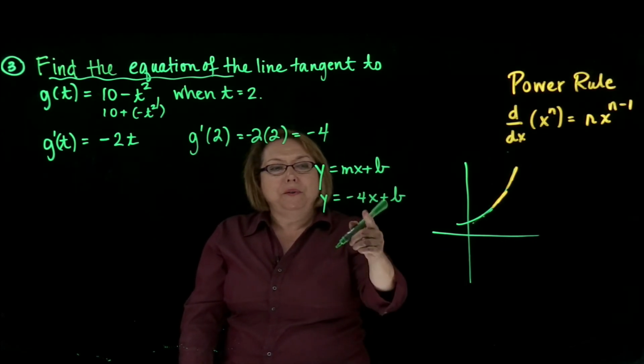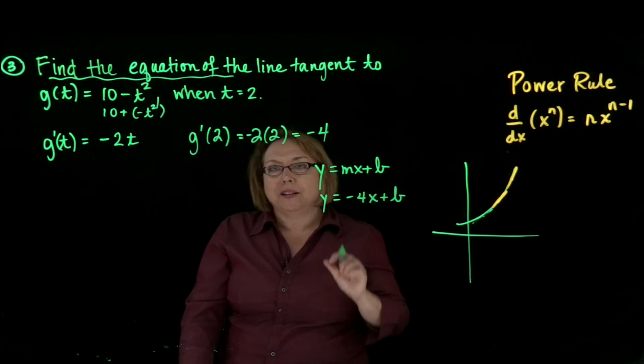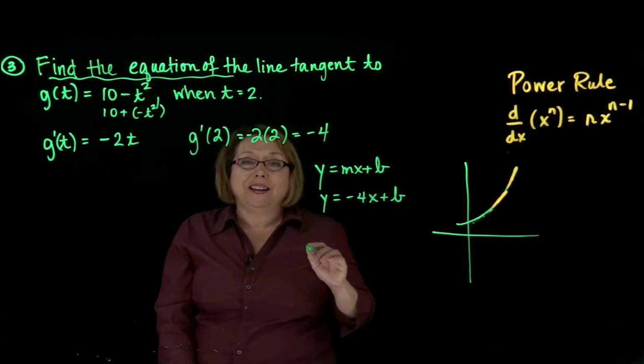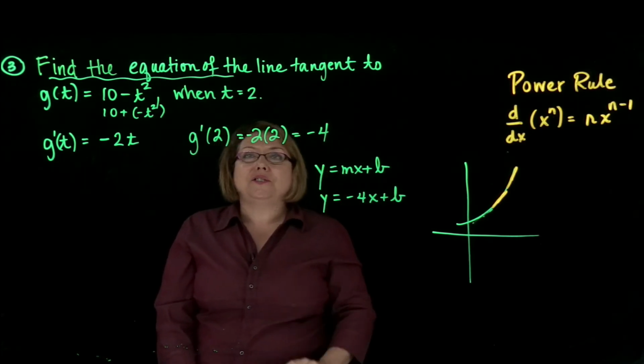So what would we do? We need to find an xy ordered pair that's on the line. We're given a hint. We're given that t is 2.